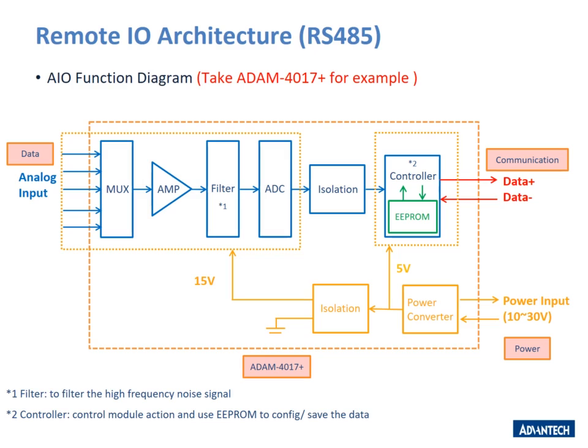Similar to the DAQ card, it will go through the multiplexer first, then amplification and filter, then transfer the data to the ADC to convert. Next the data will be transferred to the controller, using EEPROM to configure and save the data. In the end, through the communication part, it uses RS485 to transfer the data to the computer.